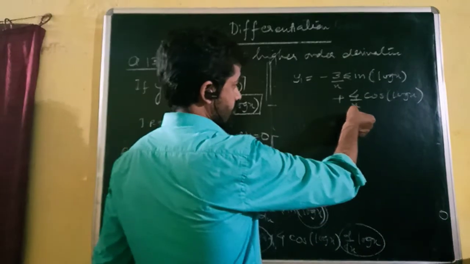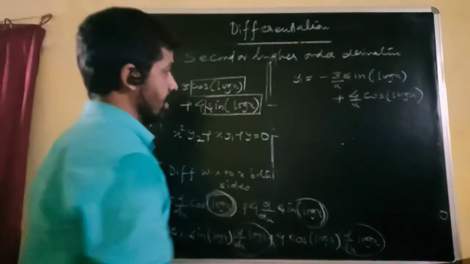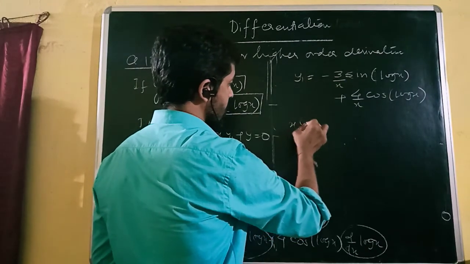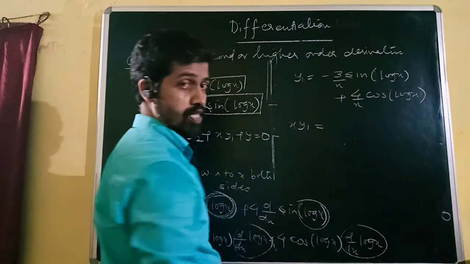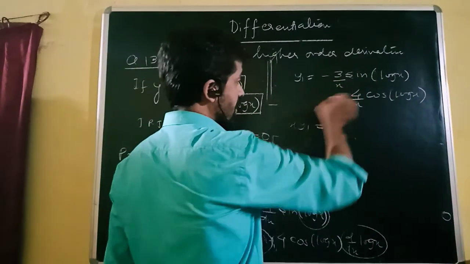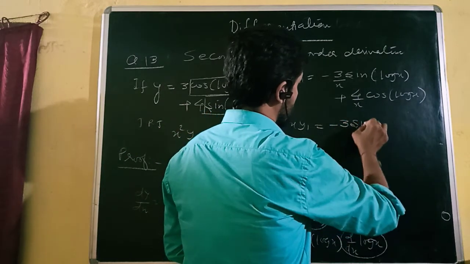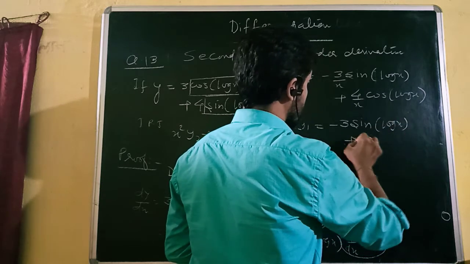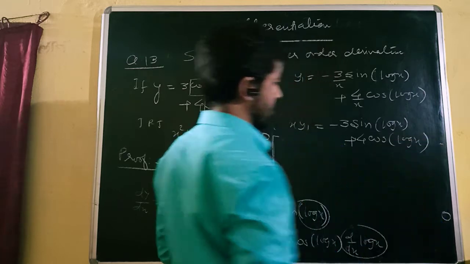Now go for cross multiplication of x, or multiply both sides by x. So multiplying both sides by x, we get x y1, and when we multiply x on both sides, these x will get cancelled, and it is reduced to minus 3 sine log of x plus 4 cos log of x.